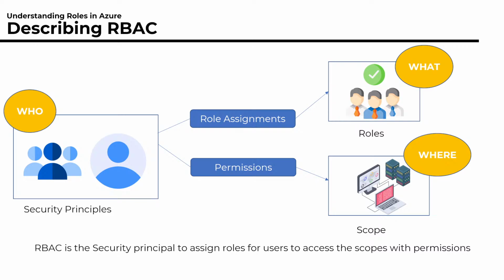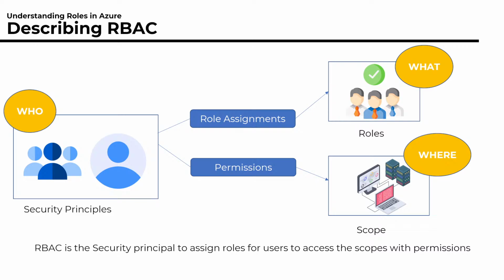Let's assume if I provide contributor access to a user at the management group, the contributor access will be available to all the subscriptions under the management group. So the user will be a contributor to all the subscriptions, resource groups and resources hosted under that management group level.